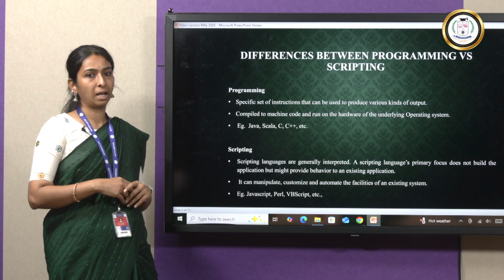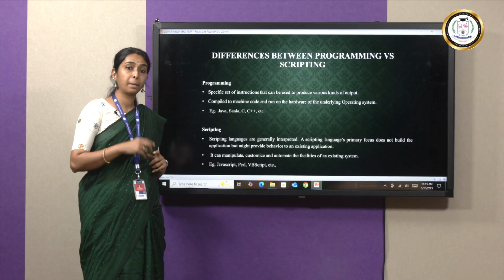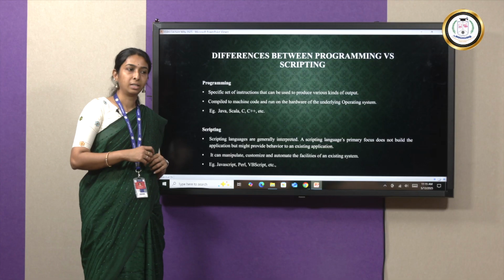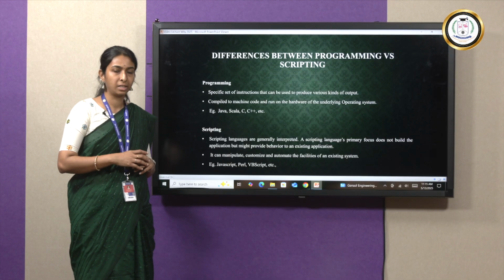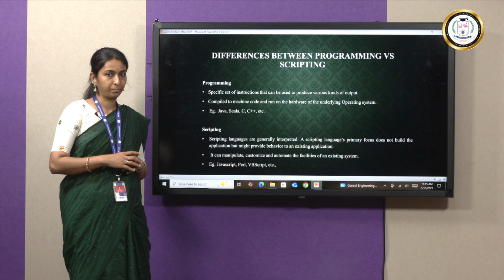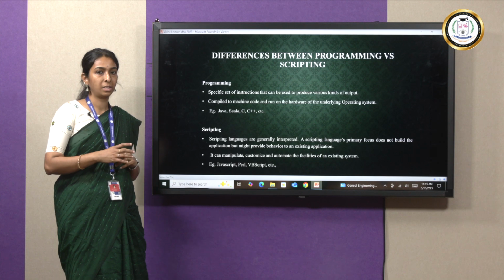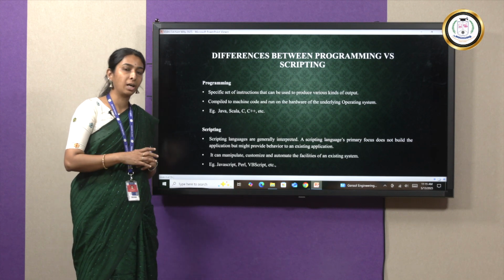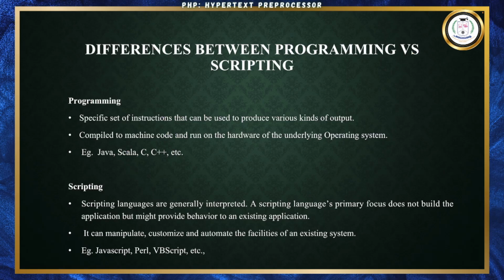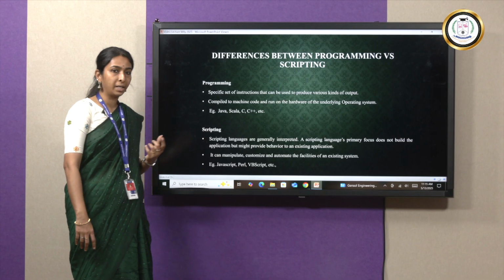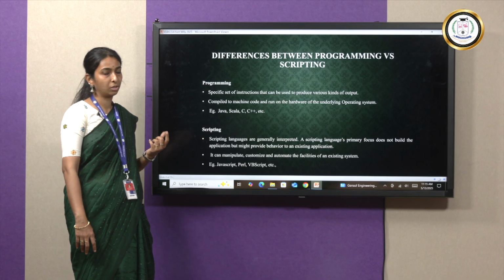Now what about scripting languages? Scripting languages are interpreted programming languages. They don't require compilation, instead they need to be interpreted. Or we could say scripting languages require other programming languages for them to be executed. We could not say their primary focus is on building applications.